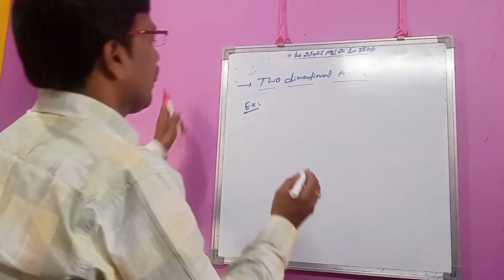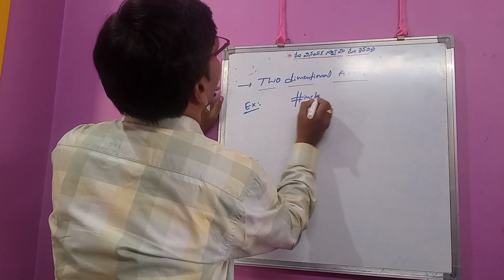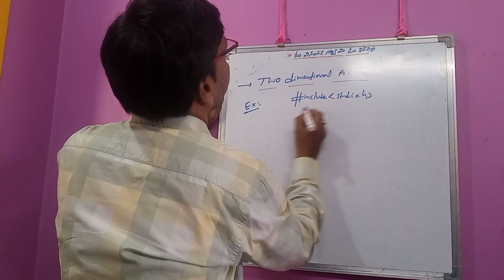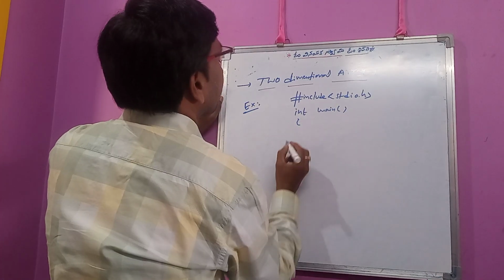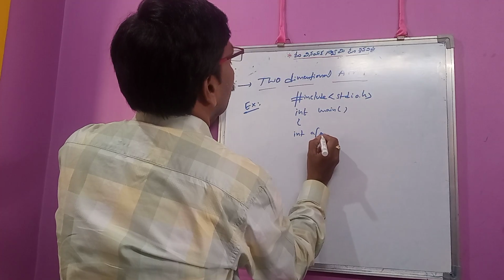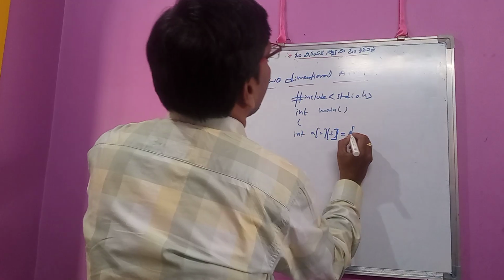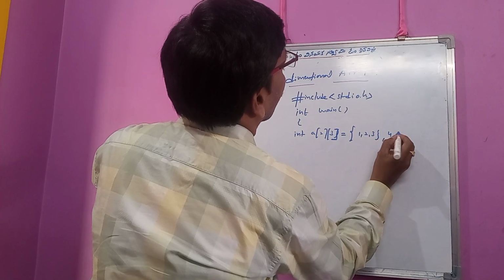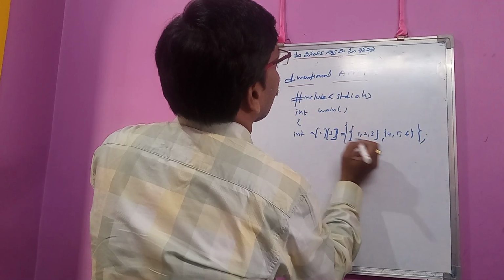So that's why, one more example: hash include stdio.h, int main, open brace, int a of 2 3 equal 1 comma 2 comma 3 comma 4 comma 5 comma 6, close, here also close up.